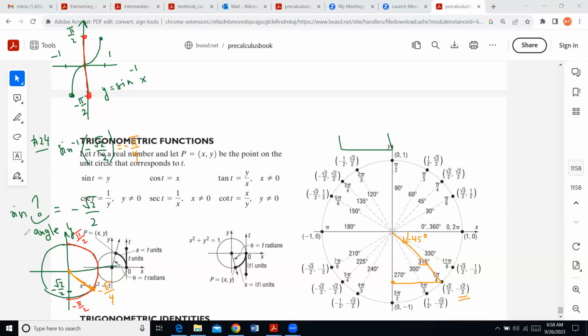So that supports the fact that I just produced on the left side here.